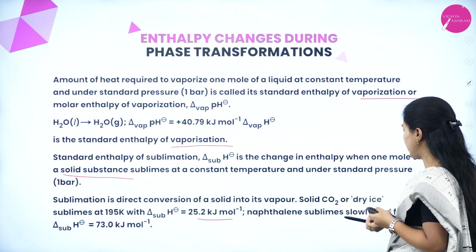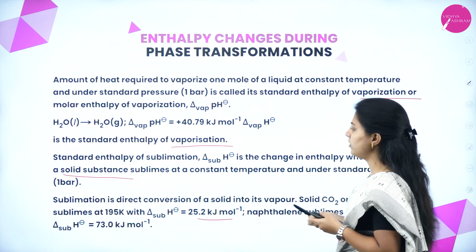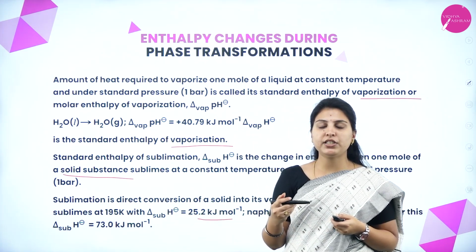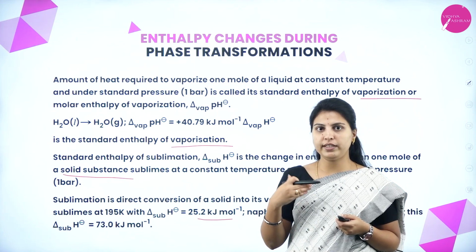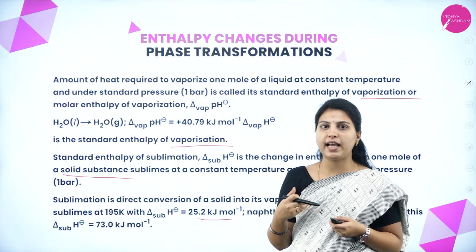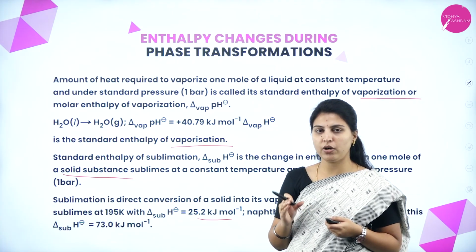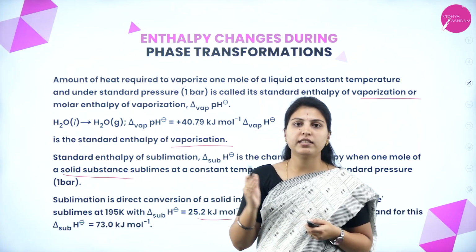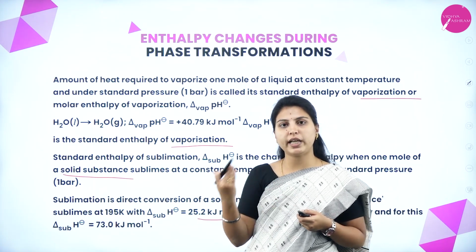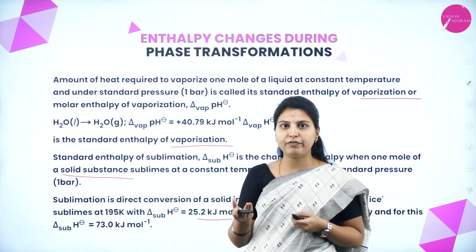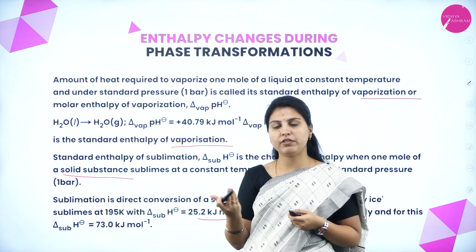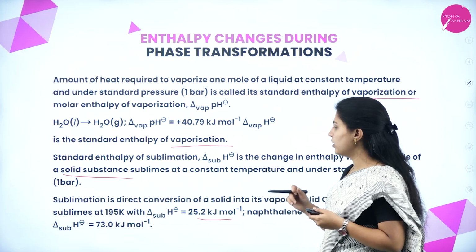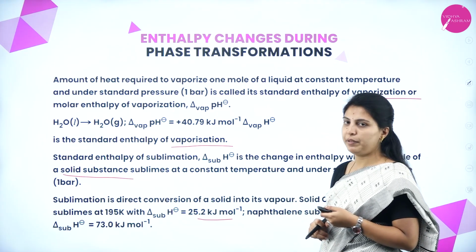For example, naphthalene sublimes slowly and for this it is 73.0 kilojoule per mole. Vaporization means the liquid gets vaporized as gas, so it needs some energy or heat, that will be called enthalpy of vaporization. Sublimation means from solid to direct vapor, like camphor or naphthalene directly converts without melting. It also needs some enthalpy, so it is called enthalpy of sublimation.